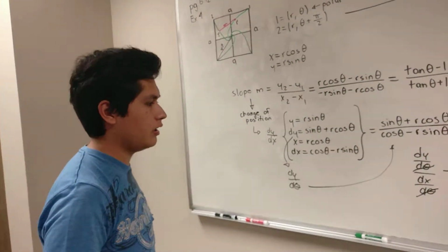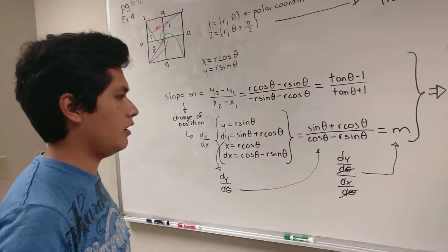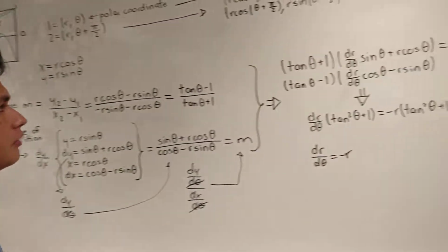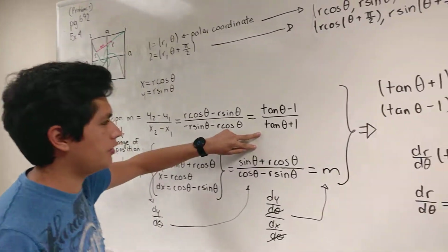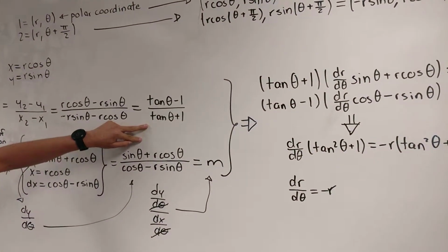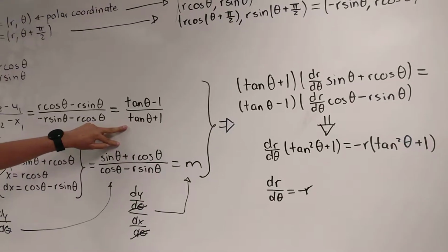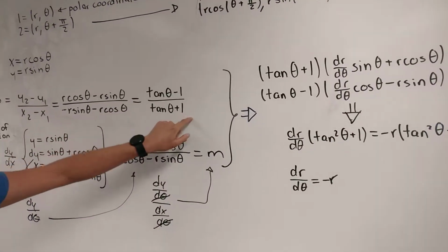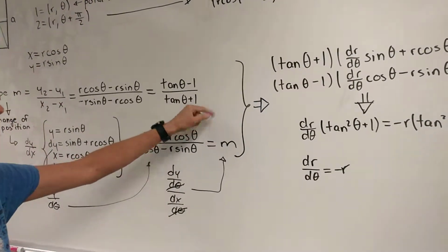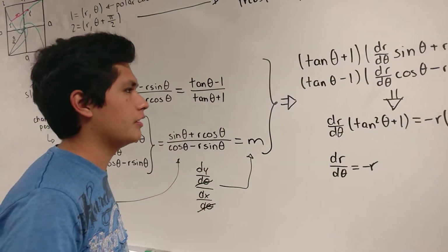We can say that dy over dx is equal to m. So right now we're going to combine these two equations and try to substitute and cancel out factors. Here we have them combined. What's dividing goes multiplying, and vice versa.